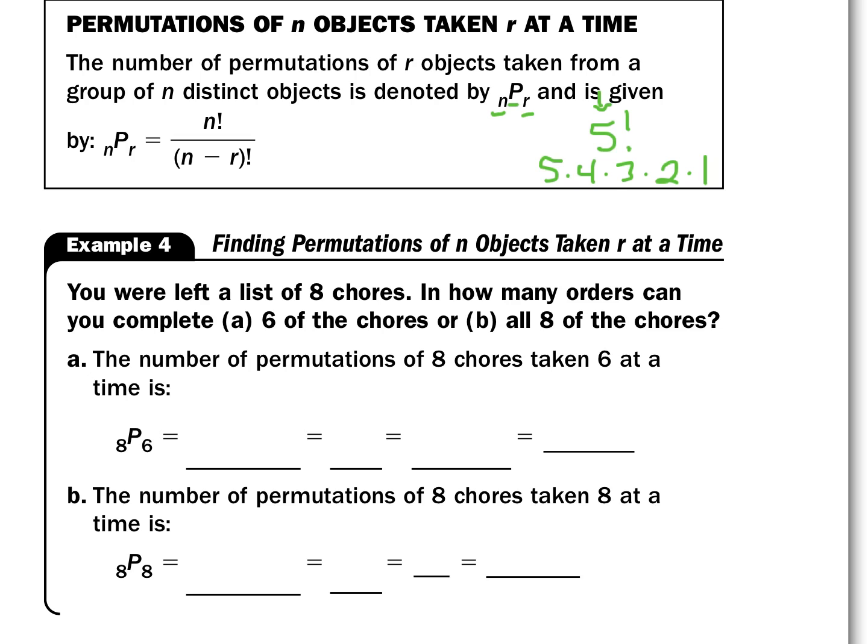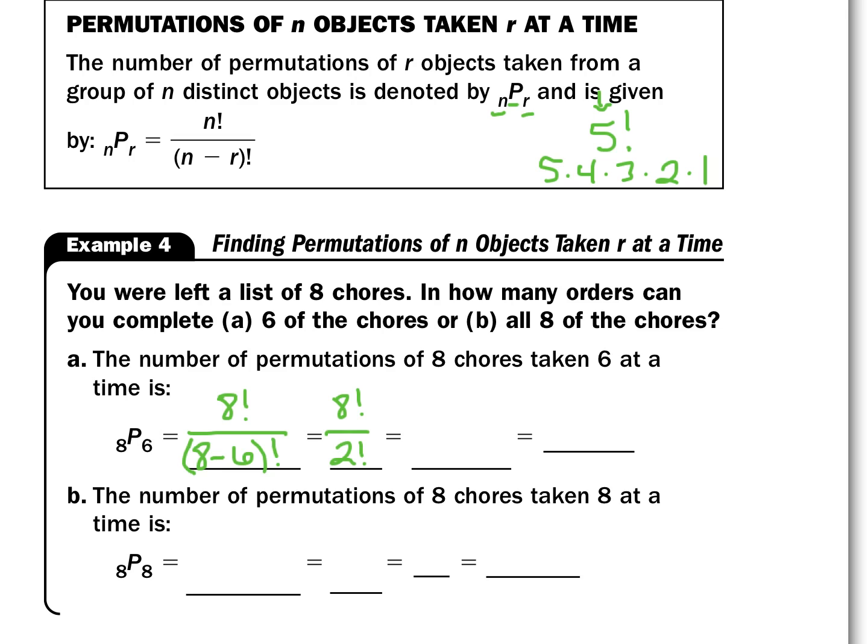So the number of permutations of the 8 chores taken 6 at a time would be 8 factorial, because that's my n, so 8 is my n, over 8, my n, minus 6, my r, so remember I'm only going to do 6 of the chores, factorial. Well, that comes out to 8 factorial over 2 factorial.